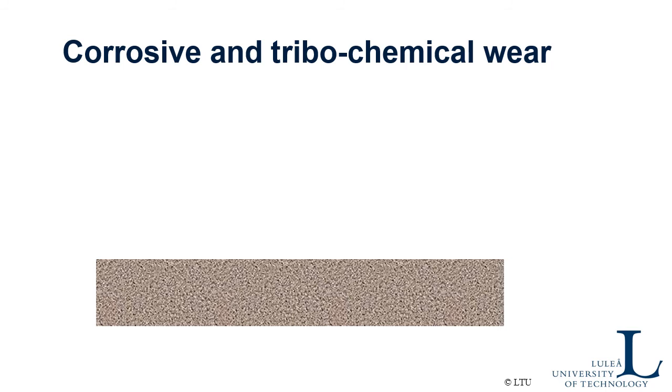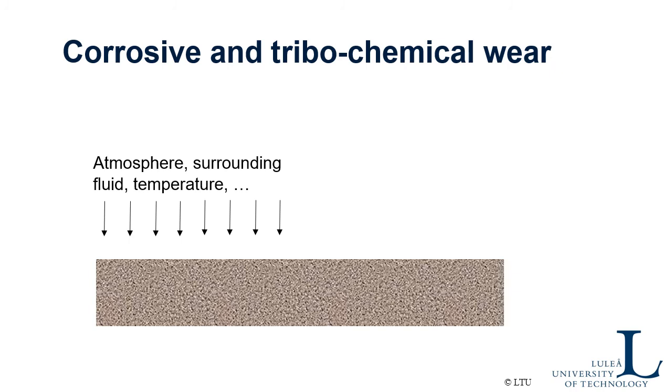I've been talking about layers and corrosion relatively often. I have mentioned the word corrosion a number of times. I should then also say that there is a wear mode called corrosive wear or tribo-chemical wear, and that is when you grow layers, depending on the atmosphere, the fluid you have around the surface, or the temperatures.